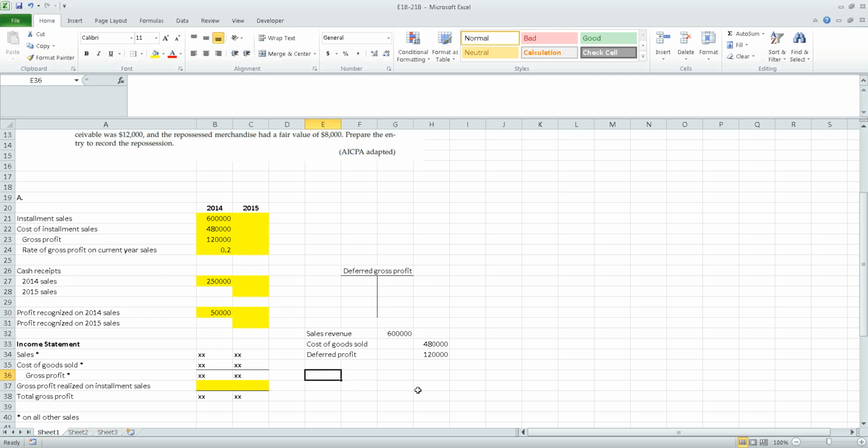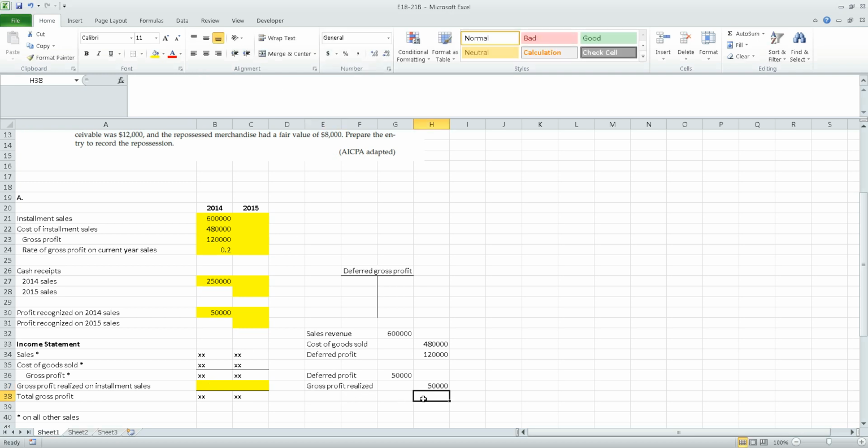So what we're going to do is prepare a second adjusting journal entry debiting deferred profit for that 50,000, and the offsetting credit is going to go to the income statement account described here, gross profit realized on installment sales. I don't have enough room for that, so I'm just going to abbreviate it gross profit realized.